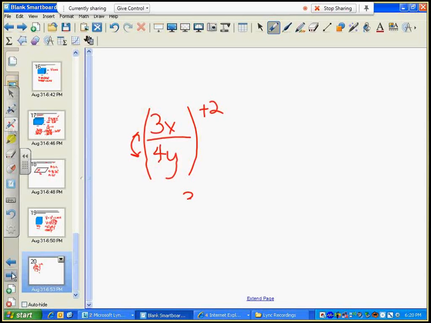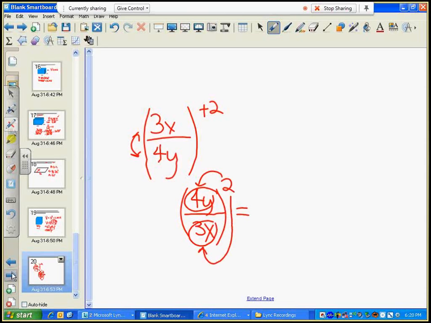Using the reciprocal, or flipping it, I end up with 4y over 3x. Changing that to positive is 2. Now I'm going to use my power of a quotient law. Remember, it's my numerator to that exponent, all over my denominator to that exponent. So I'll rewrite that as 4y, the entire numerator, squared over the entire denominator squared.